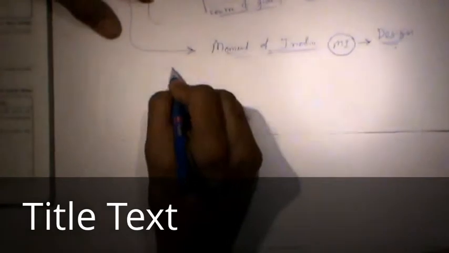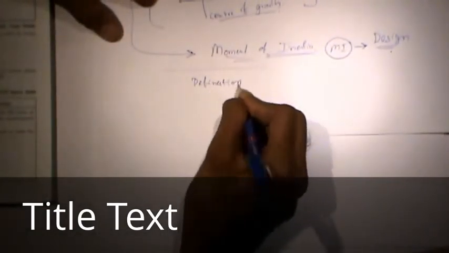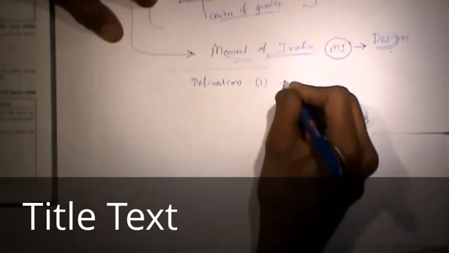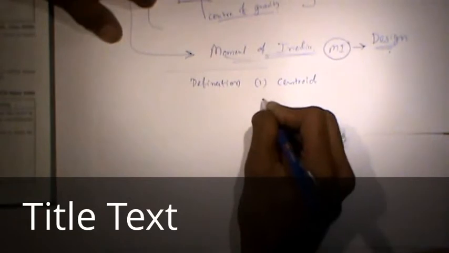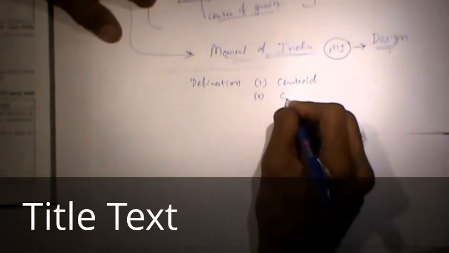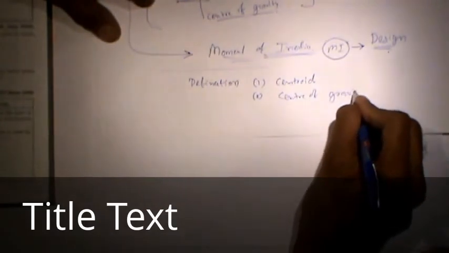So it clears. So the assignment for you: the first question is the definition of centroid, and second, the definition of center of gravity.